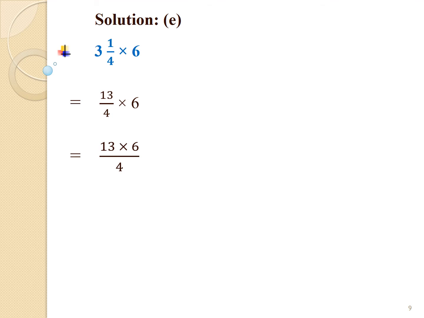Now multiplying numerator 13 with numerator 6 and keeping denominator 4 same, we get 78 upon 4. Now converting 78 upon 4 into a mixed fraction, we get 19 integer 2 upon 4. Thus 3 integer 1 upon 4 into 6 is 19 integer 2 upon 4.